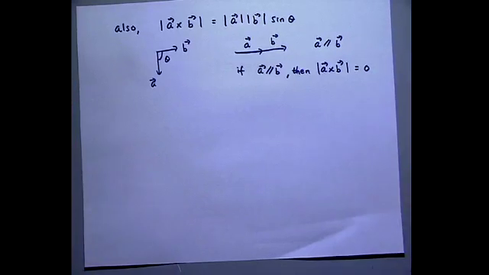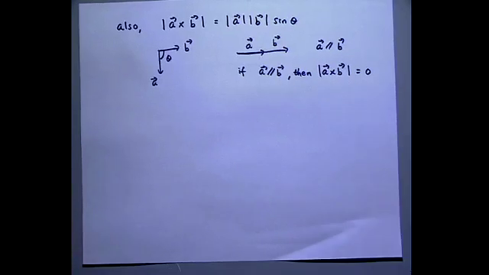So that's a very convenient way to check if you have two parallel vectors. If you just got two random vectors and the question asks you to find out if they are parallel, you can do the cross product and find the magnitude of that. If it turns out to be 0, then those two are parallel.